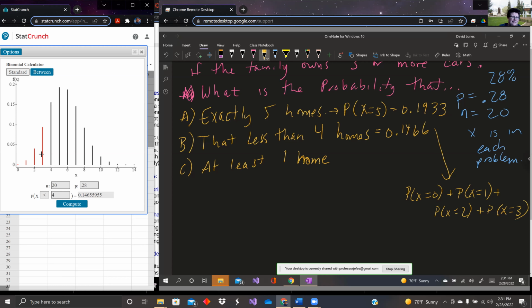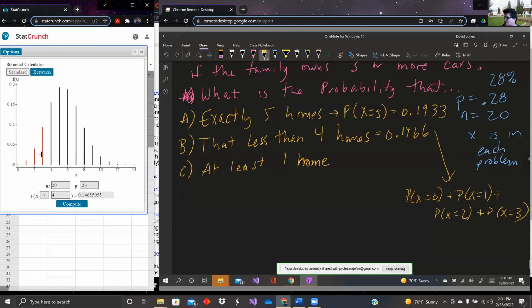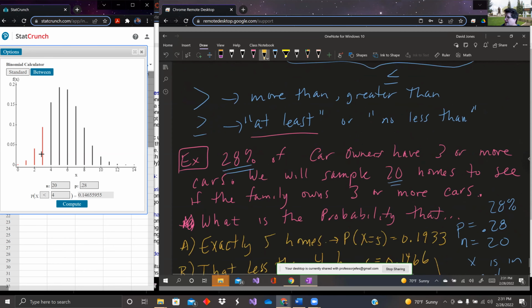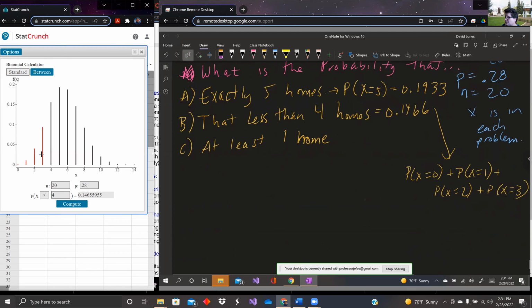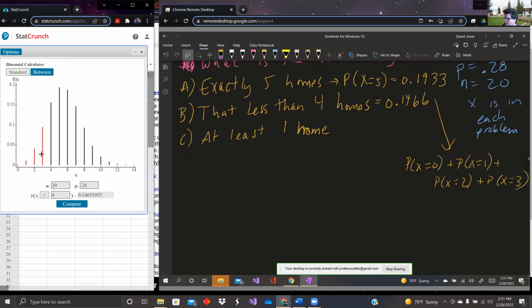And then we look at at least 1 home. What does that mean? Let's go look at what we talked about. At least 1 was the greater than or equal to. So here we're looking at the probability that x is greater than or equal to 1.